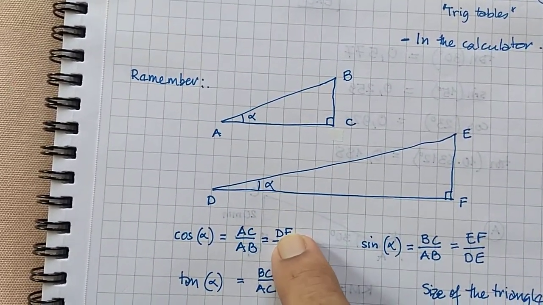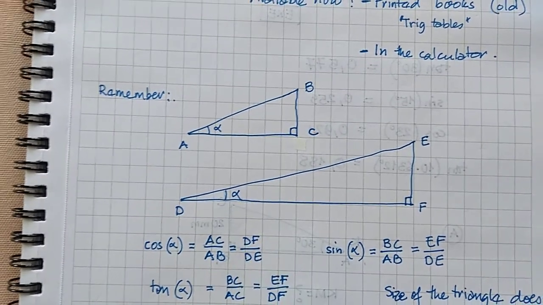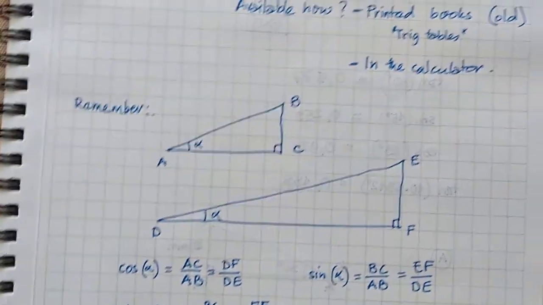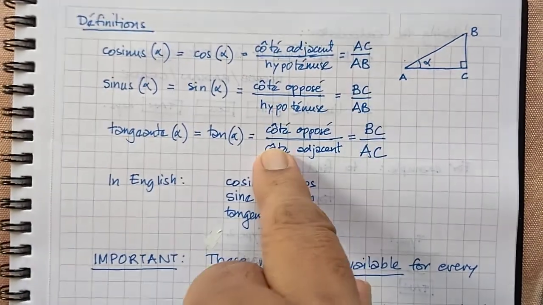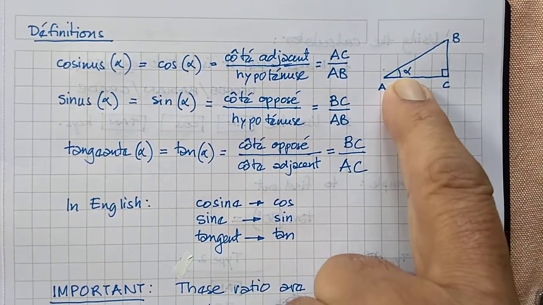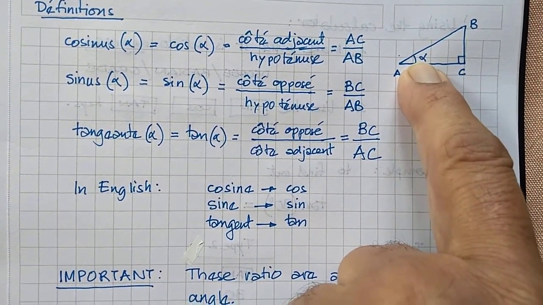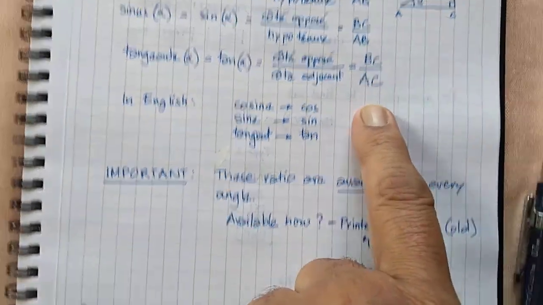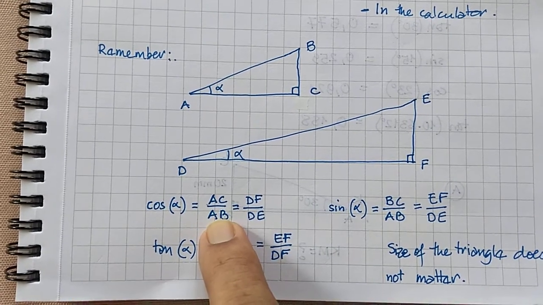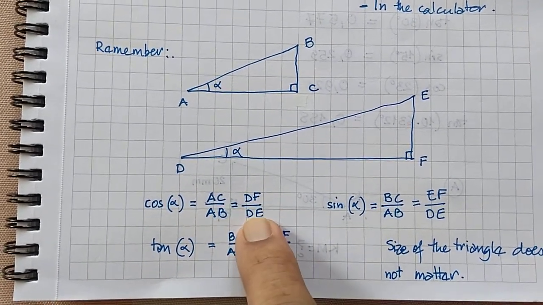These ratios are going to be the same. So this is one fundamental point to remember: these ratios are independent of the size of the triangle. They only depend on this angle.